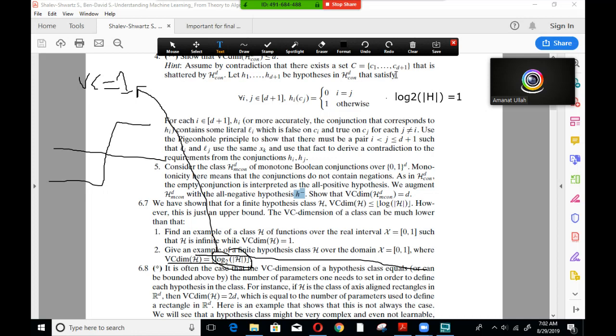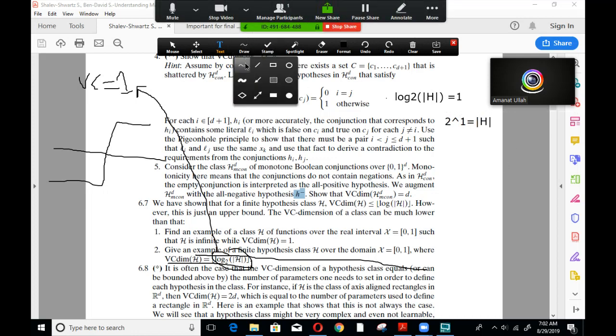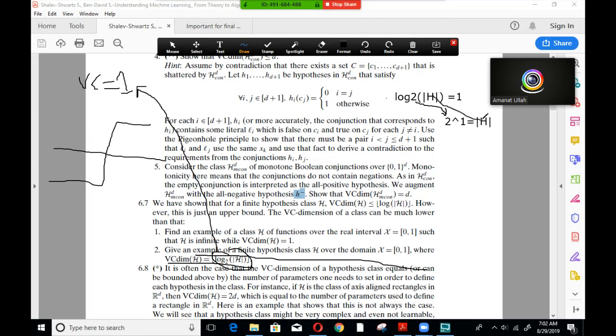So this 2 comes here, this h goes here. That's the formula of log to exponential. So the size of h will be 2.